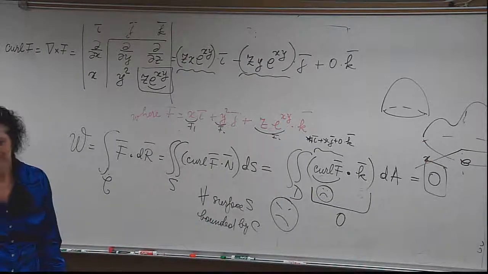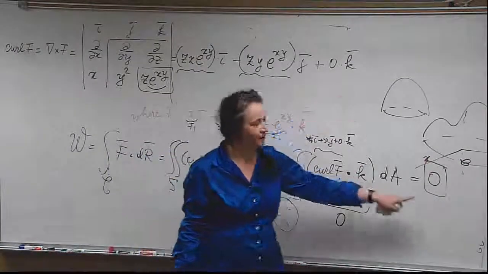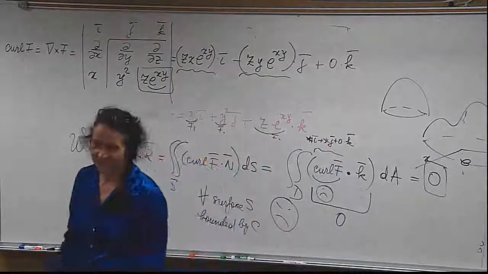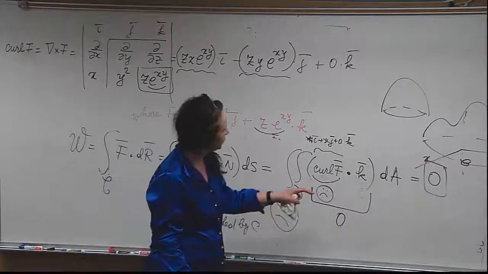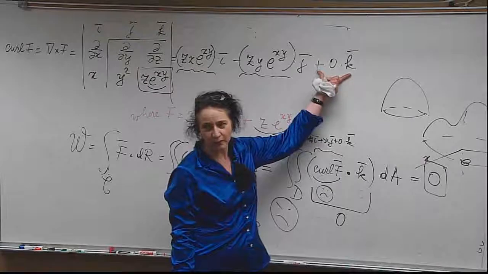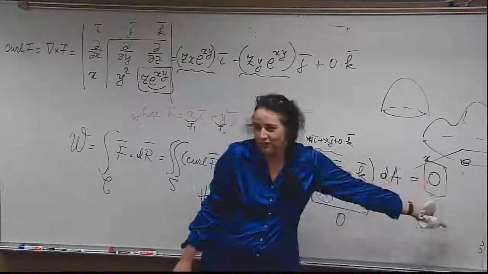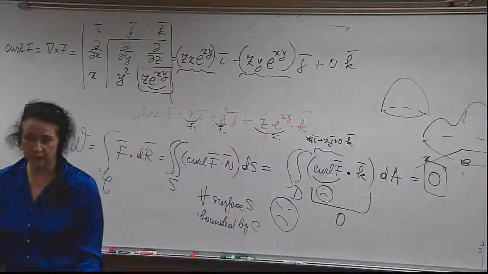Then I look at it and say, oh, look, this is 0. If you see that to be 0, you can go ahead and put 0 at the end. Because the dot product between k, that's what matters, and the last component of the curl. And in the end, the integral of 0 is 0. And that is a blessing.